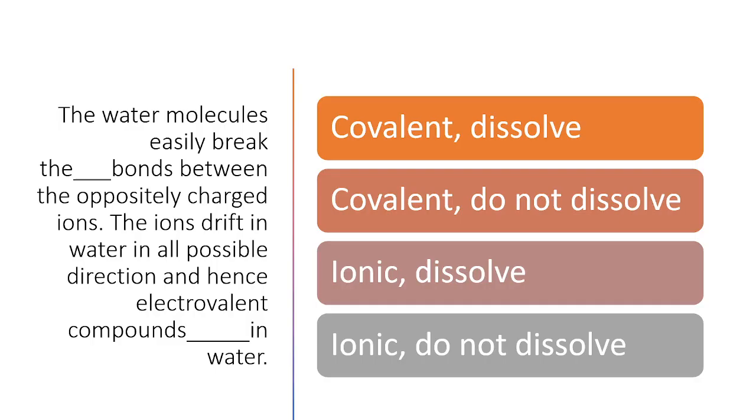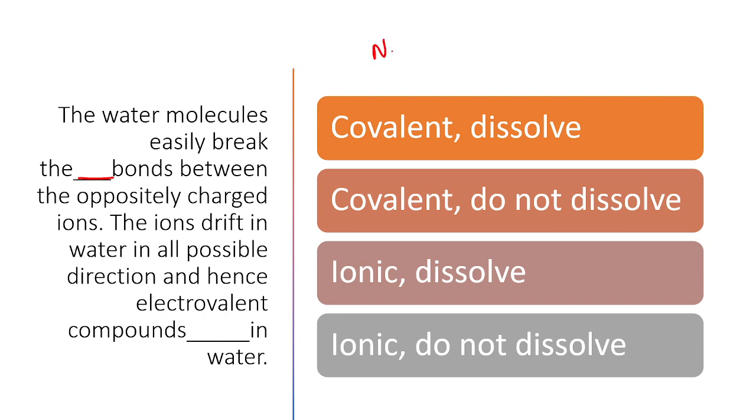Now the next question: the water molecules easily break the dash bonds between the oppositely charged ions. The ions drift in water in all possible directions, and hence electrovalent compounds dash in water.